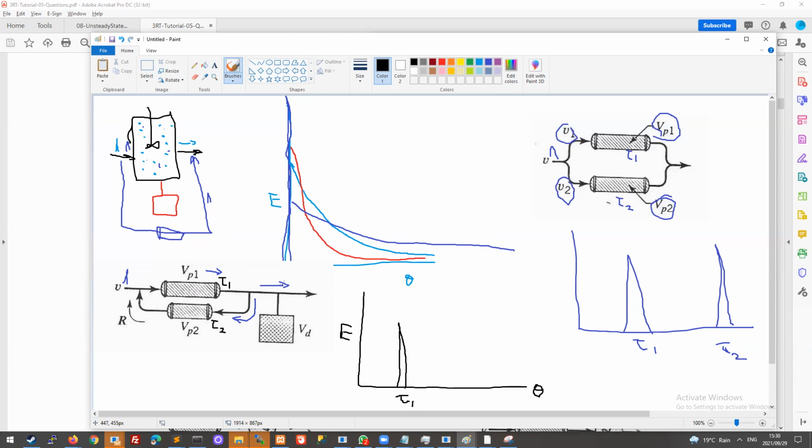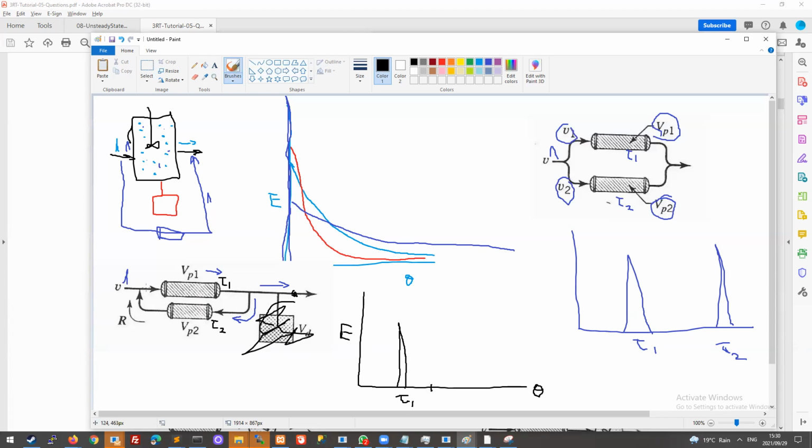Our measuring point is here; we can forget about the dead volume part. So we measure some stuff coming straight through the reactor. However, some of that salt will have passed down here, and here it will be delayed by a time of tau 2. So tau 1 plus tau 2 is here.